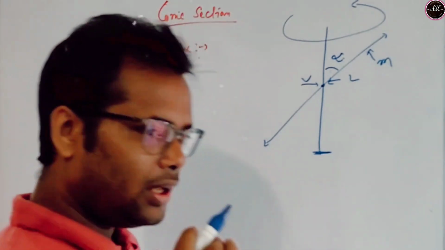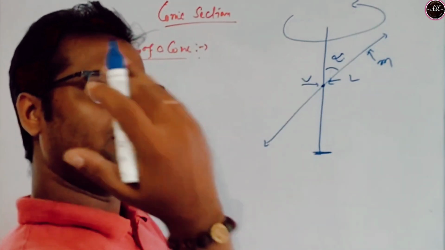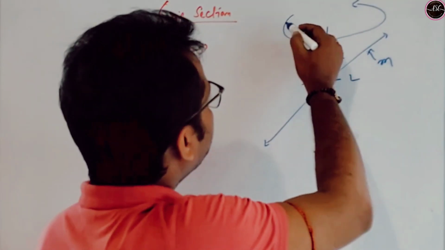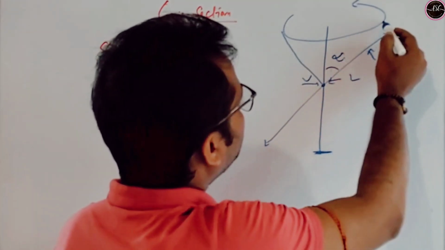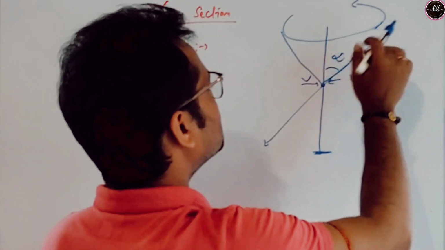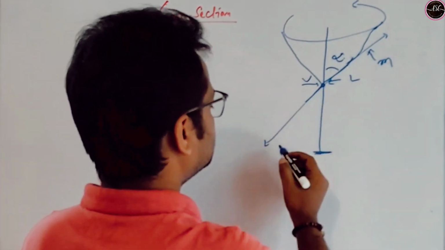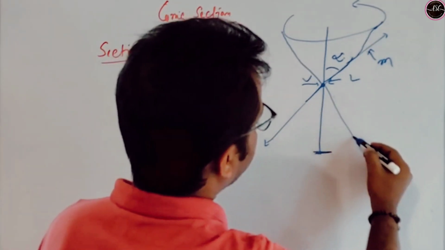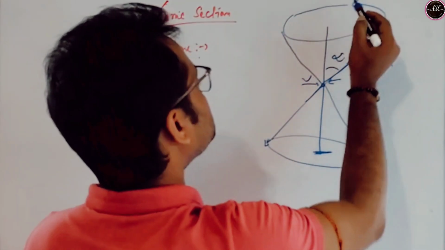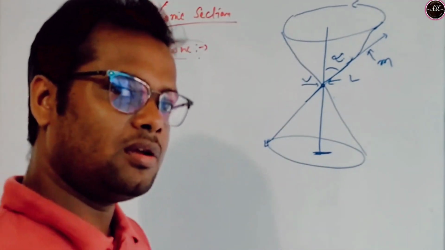How? If this is rotating like this, so just think, this type of surface will be obtained.